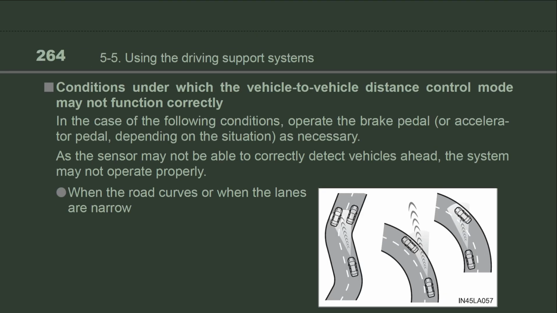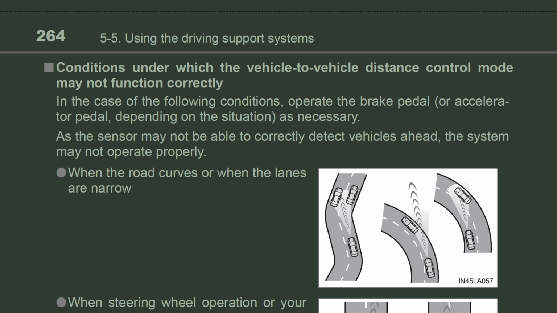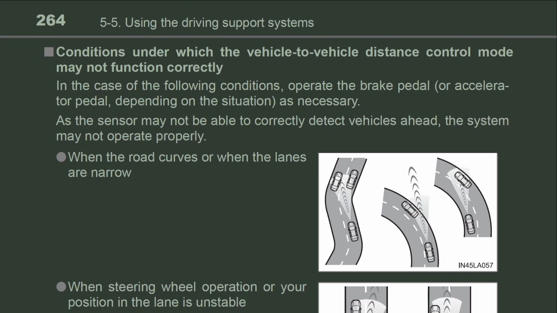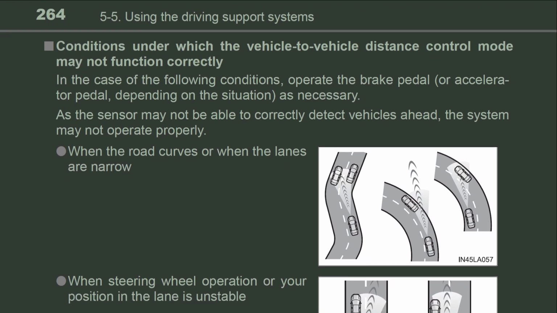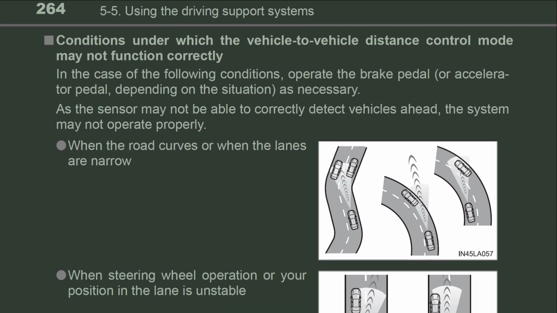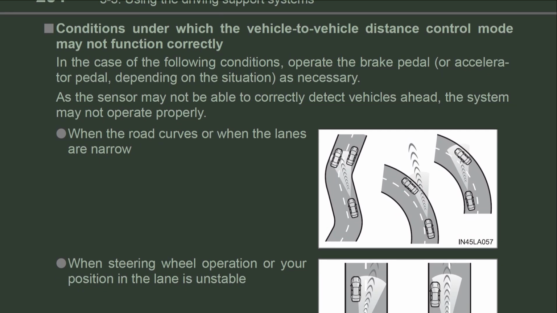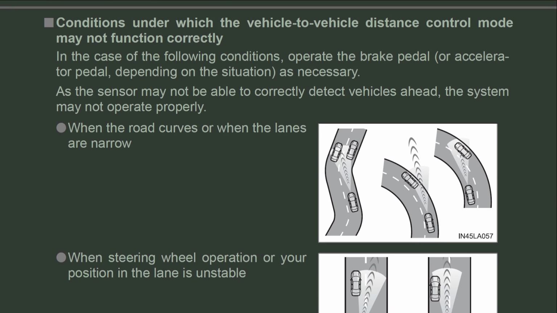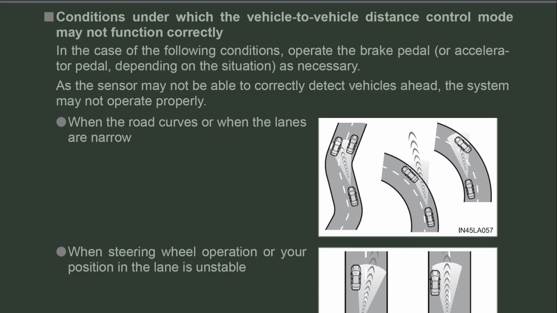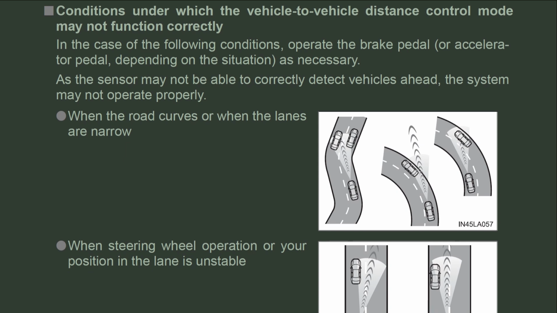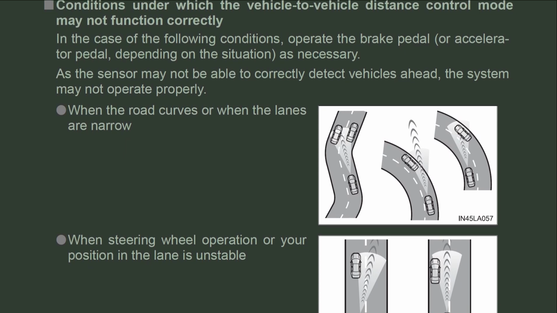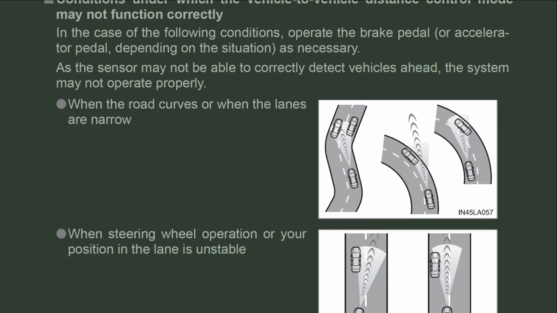264. 5-5. Using the driving support systems. Conditions under which the vehicle-to-vehicle distance control mode may not function correctly. In the case of the following conditions, operate the brake pedal or accelerator pedal, depending on the situation, as necessary. As the sensor may not be able to correctly detect vehicles ahead, the system may not operate properly.